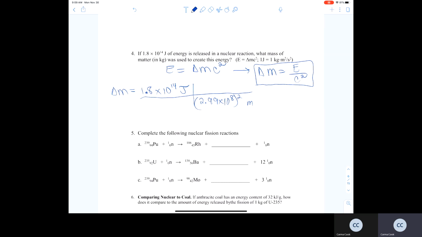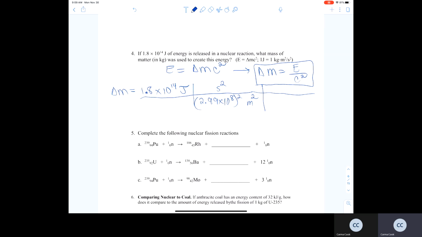And the units are meters per second, and we also need to square those units. And again, we want a change in mass, therefore we need mass units in our answer.